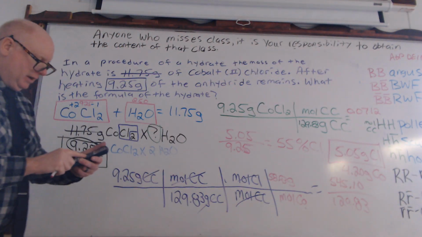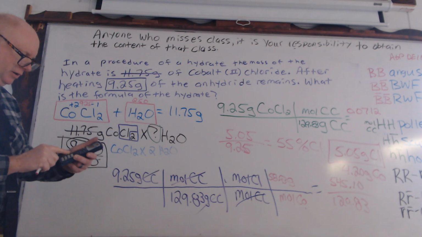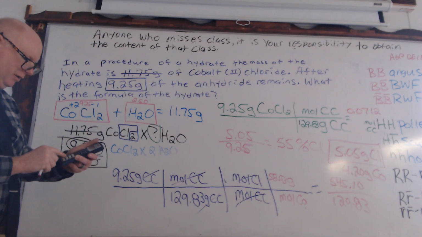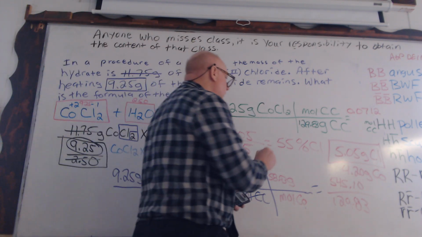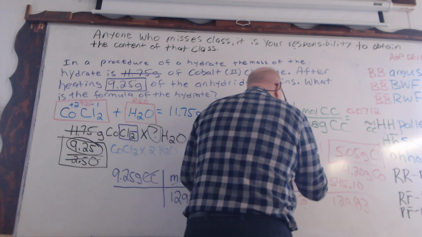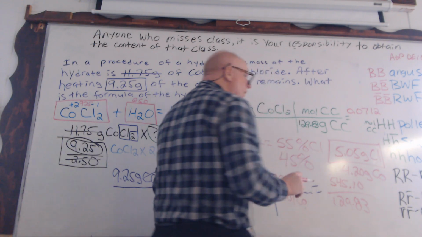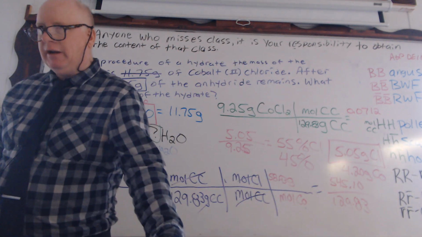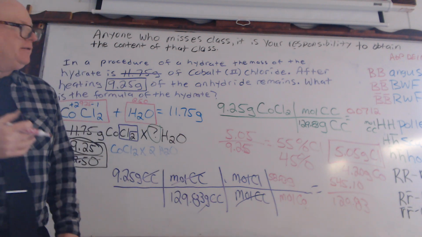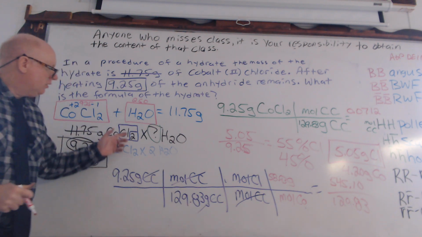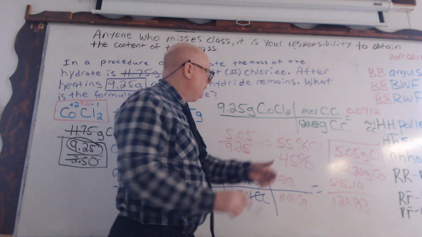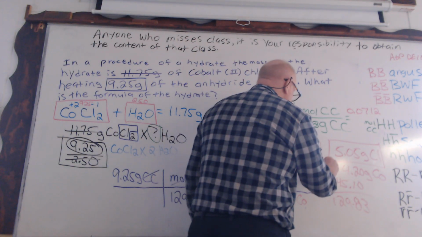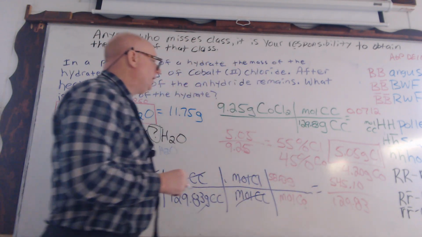Therefore, if we take that 4.20 divided by 9.25, as you would guess, comes out to 45%. Okay? So the math, as you can see, does work out. Whether you're doing chlorine, whether you're doing cobalt, 55% is chlorine, 45% then is cobalt.